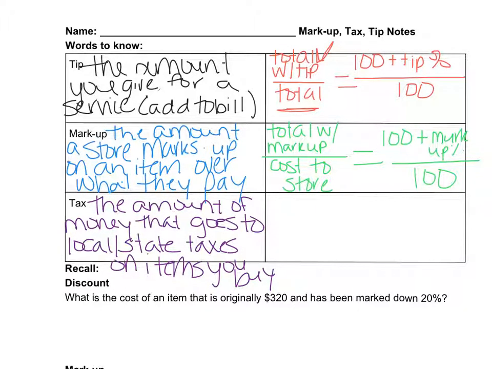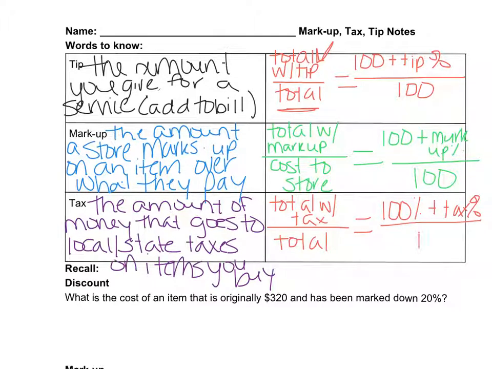Okay, so let's go ahead, we'll do the same thing as we did on the first two. So on the top, you're going to be your total with tax over just your original total, okay, equals, and then 100% plus tax percent, all over, you guessed it, 100.